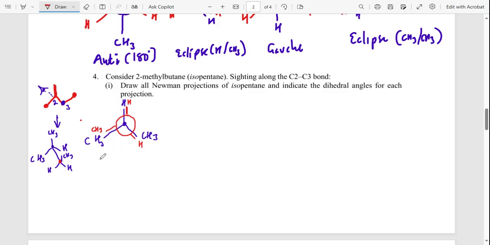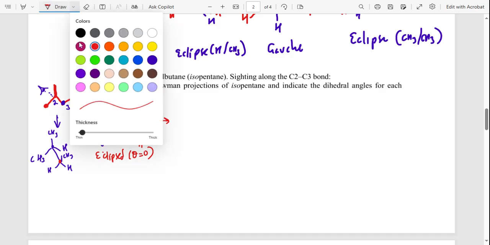So this is the eclipsed configuration. We can start with this one. For this one, I'm going to set the dihedral angle theta to 0 degrees because we don't have any angle between the atoms, they are eclipsed. And then we'll start rotating these molecules.